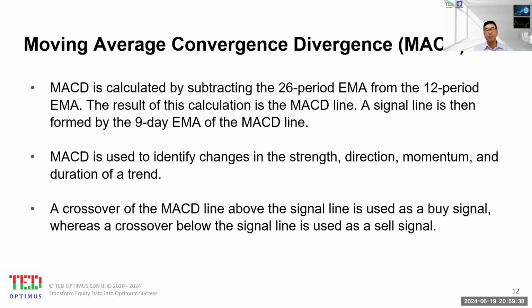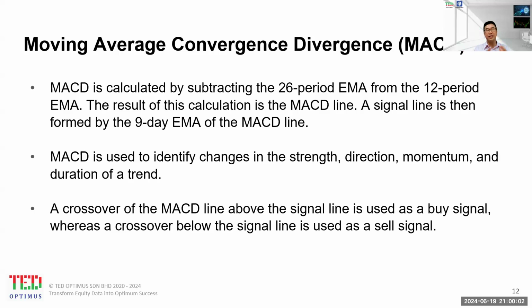But for the exponential moving average, it will have a heavier weight for the latest data. If this is 20 period, for the latest data, they don't give them 5% weight. Instead, they may have 10% for one day.